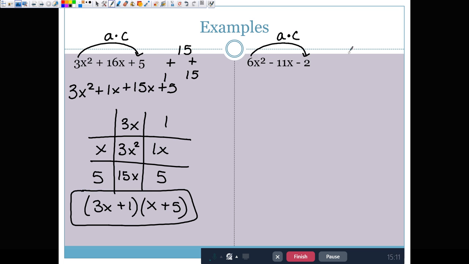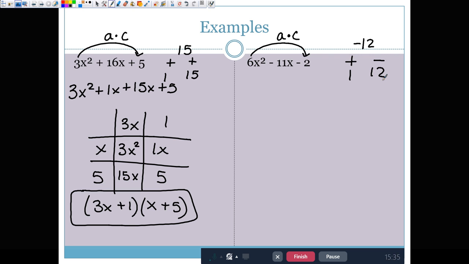So that's going to give me, technically, negative 12. So I'm going to have, positive, negative, right? So my larger number has to be negative. 1 times 12 is 12, and 1 plus negative 12 would be negative 11. And I'm only doing the first term, 1.